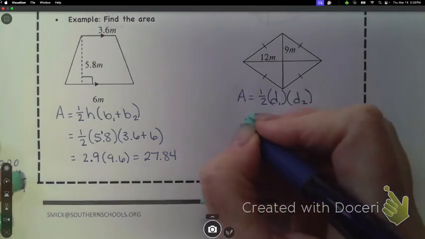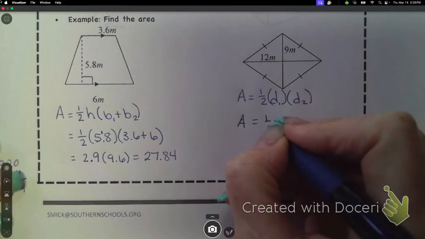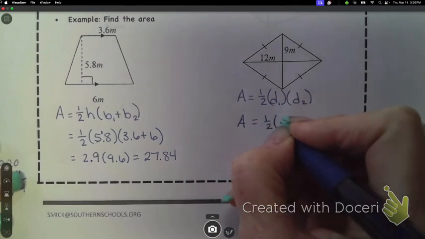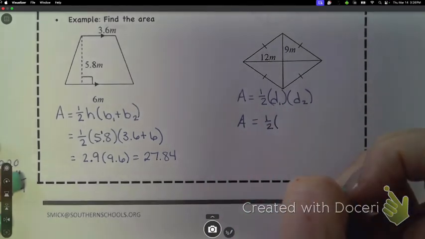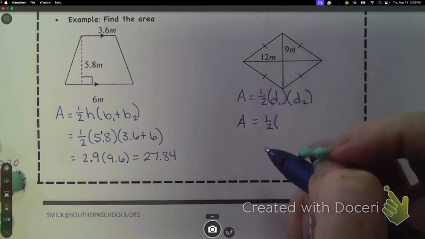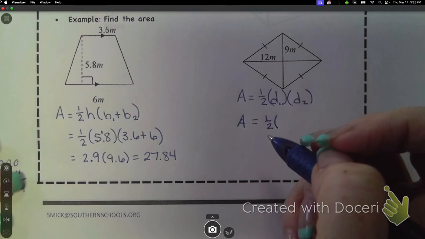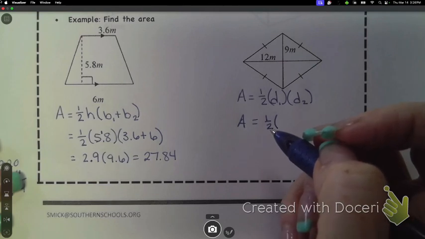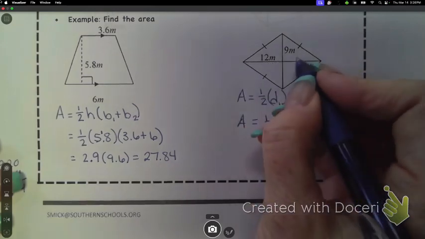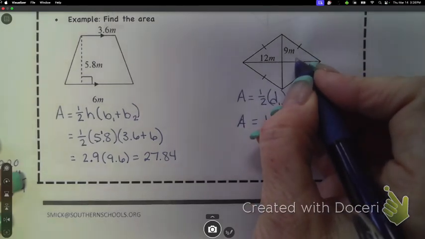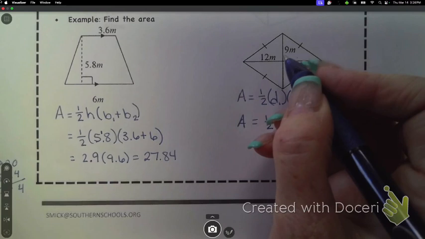So 1/2 times what? Times 12. Oh, no, 9. No, it's 12 times 12. If this is 12 and this is 12, that's 12 squared? Oh. That's a 9.